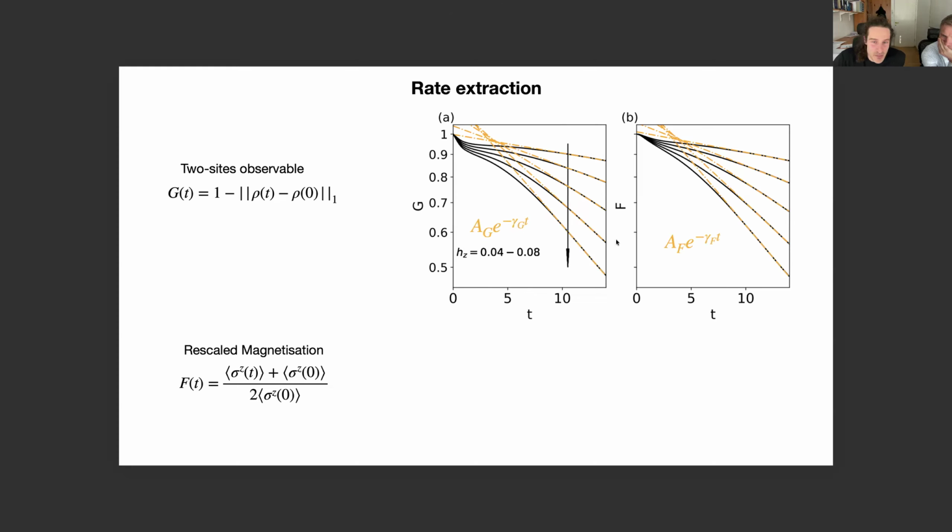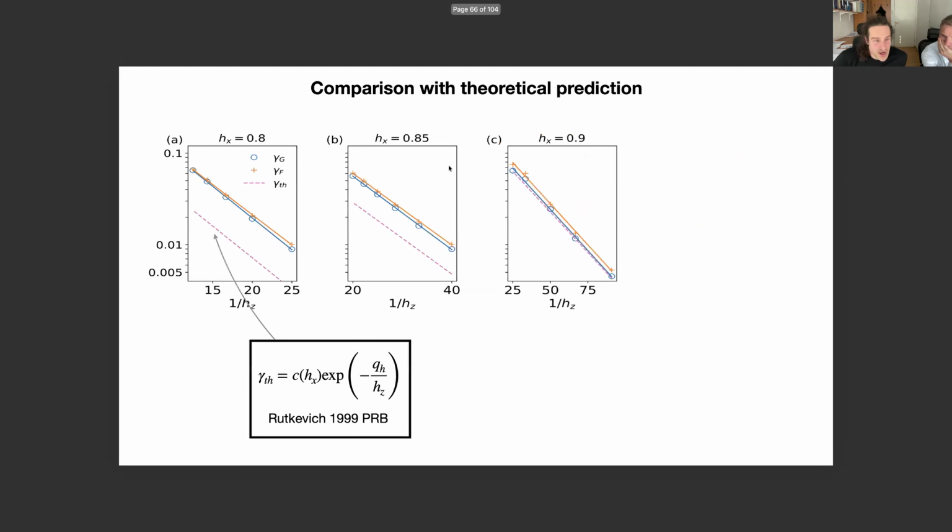Then we extracted this decay rate, which in principle is also dependent on the observable. And then we studied, by performing different fits, how the decay rate depends on 1 over the longitudinal field.